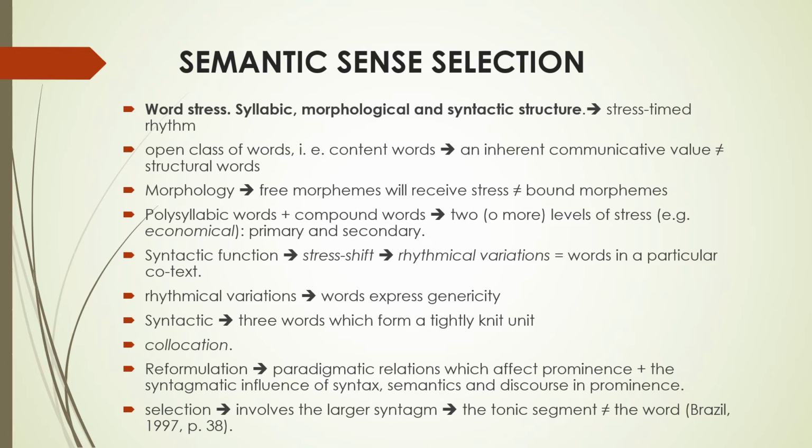In terms of morphology, we also know that free morphemes are the ones that would typically receive stress, in contrast to the bound morphemes, which are generally unstressed. Whenever we have polysyllabic words or compound words, we may have, and we know this, 2 or more levels of stress.